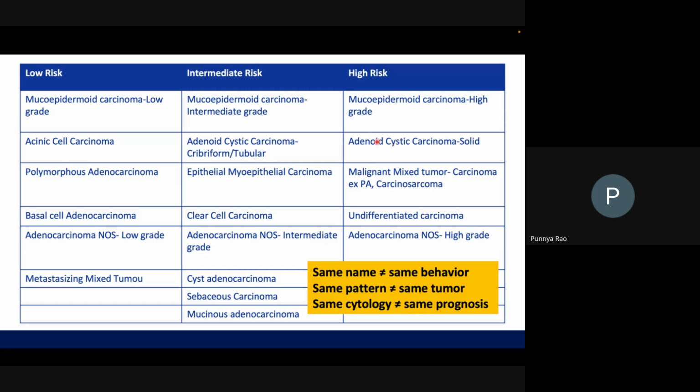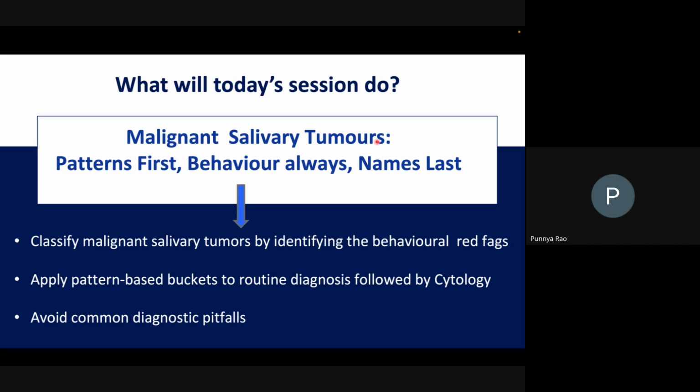It is definitely seen in adenoid cystic carcinoma, but that doesn't mean that it has to be adenoid cystic carcinoma. Same cytology, same prognosis? Definitely not. You may have a cytologically bland tumor like adenoid cystic carcinoma, which has a very poor prognosis. So these are some of the things that you need to be clear about when you approach a malignant salivary gland tumor.